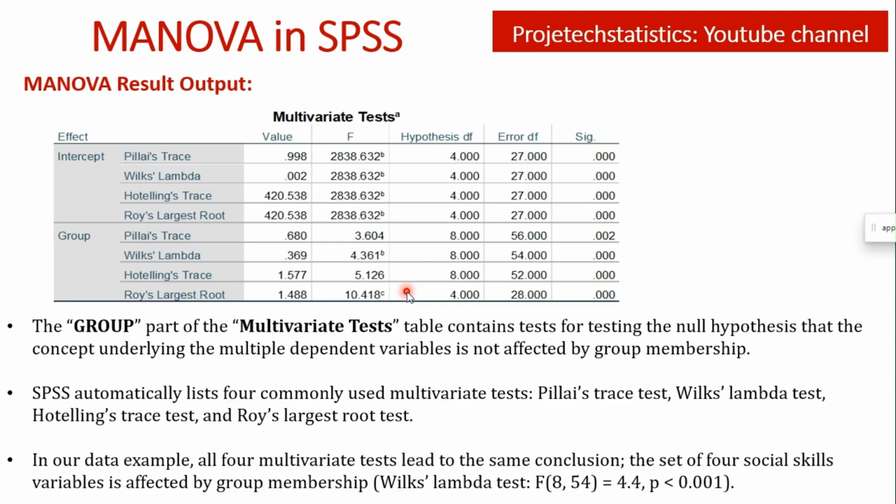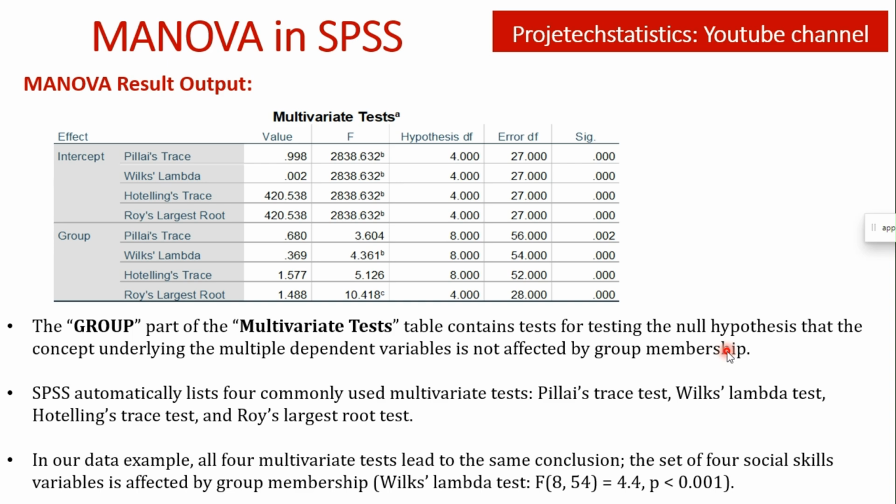So I'm now in PowerPoint. This is our output, the multivariate test table. Now, the group part of the multivariate test table contains tests for testing the null hypothesis that the concept underlying the multiple dependent variables is not affected by group membership.